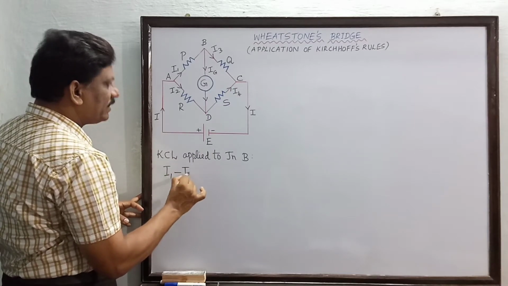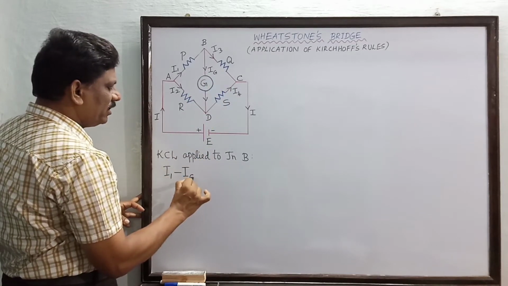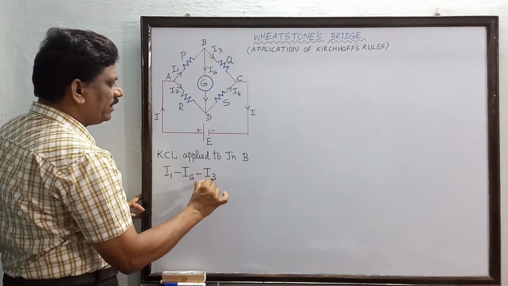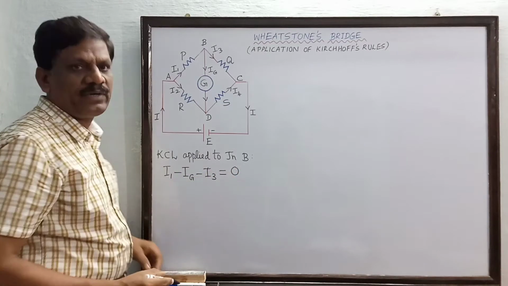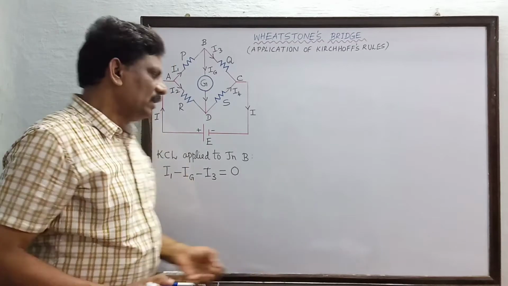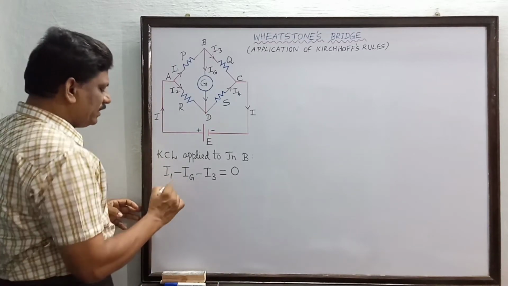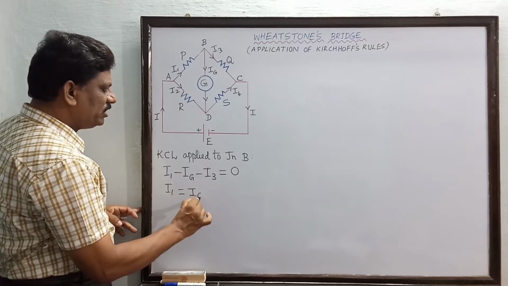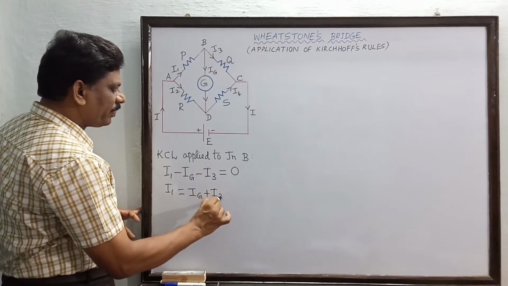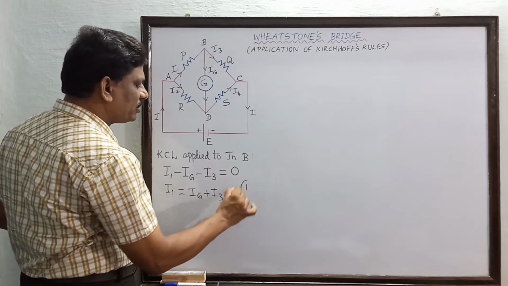So minus Ig minus I3. The algebraic sum of the currents meeting at the junction is equal to 0. That is Kirchhoff's first rule. I will rewrite this equation: I1 is equal to Ig plus I3. This is equation 1.